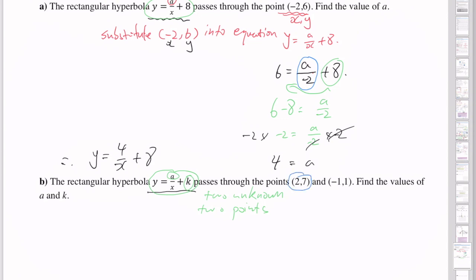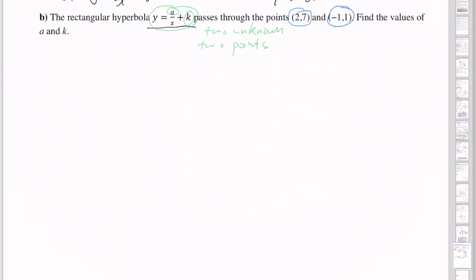One of the points is (2, 7). Another point is it also passes through the point (-1, 1). Okay, so now we're going to use the same method by substitution. Substitute 2, 7 into the equation y equal to a over x plus k, and we do the same thing, substituting -1 and 1 into the same equation.